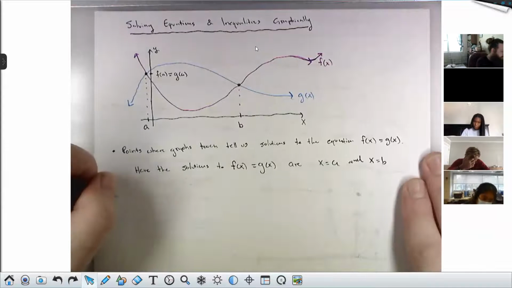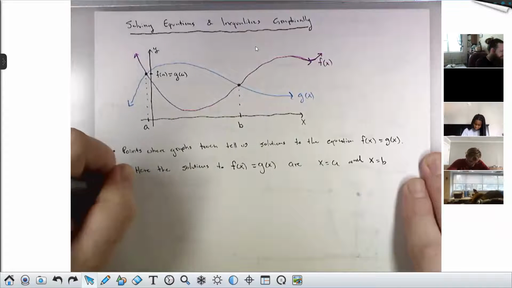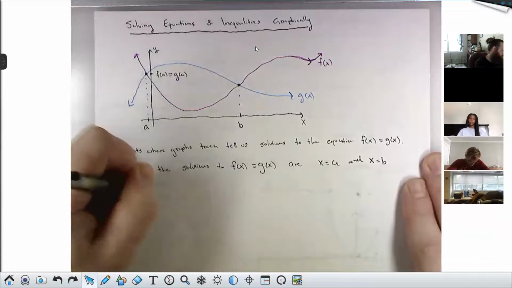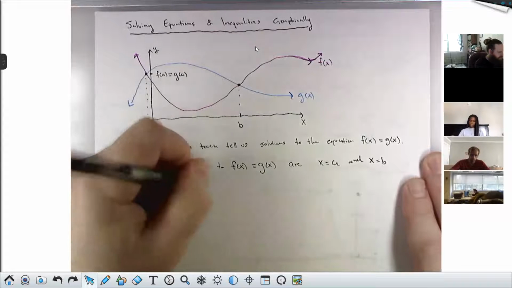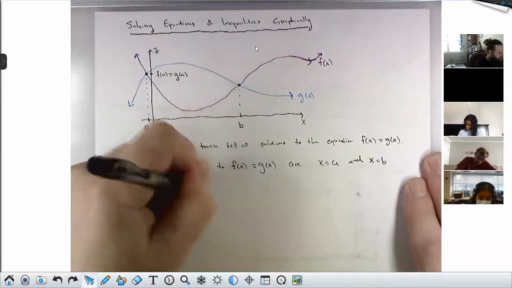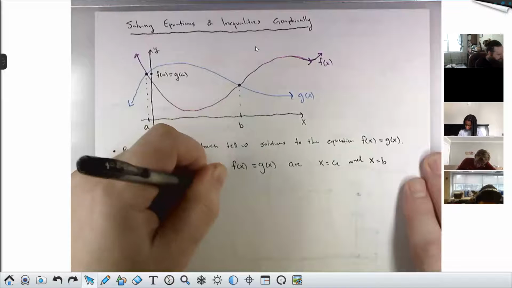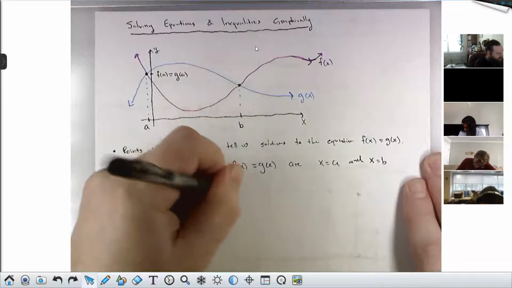Inequalities. Let's say f of x is less than g of x.